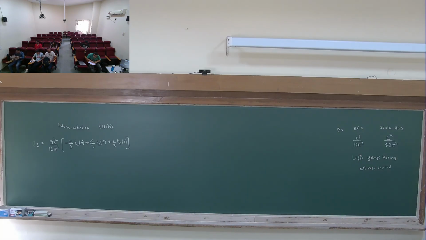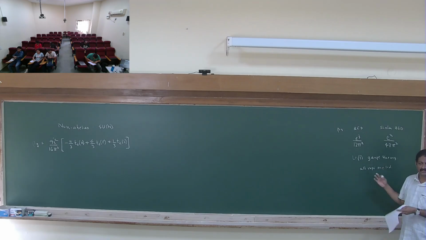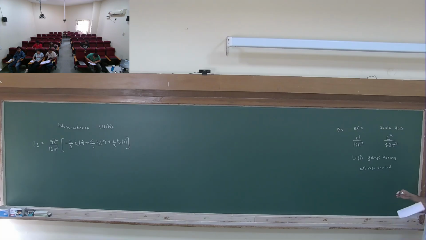So why did I bring up the issue of all reps being one-dimensional in the U1 case? If it is a non-abelian gauge group with a larger Lie algebra, then you have to specify what is the dimension of the representation, right? Those of you who did the advanced math methods course with me last year spent a lot of time on representations and dimensions of representations.